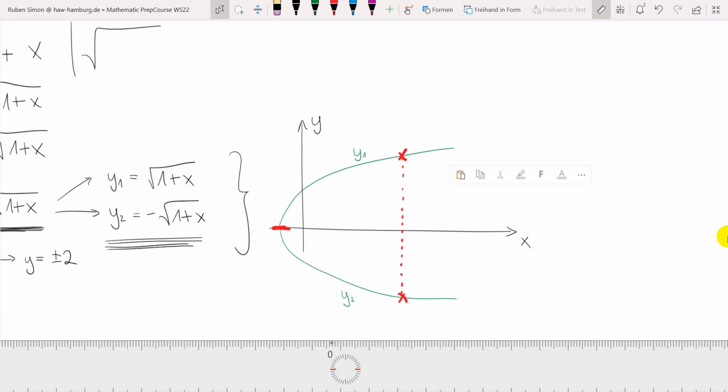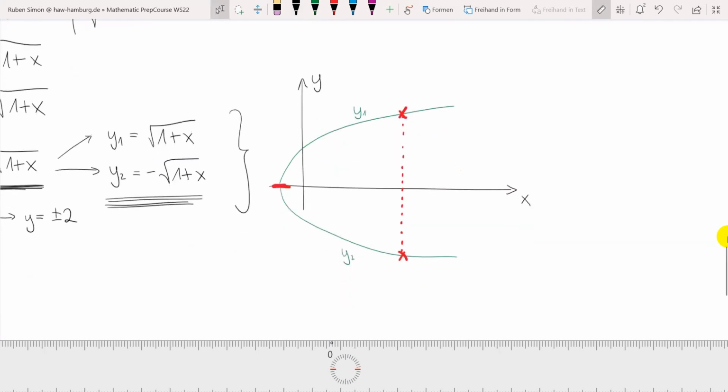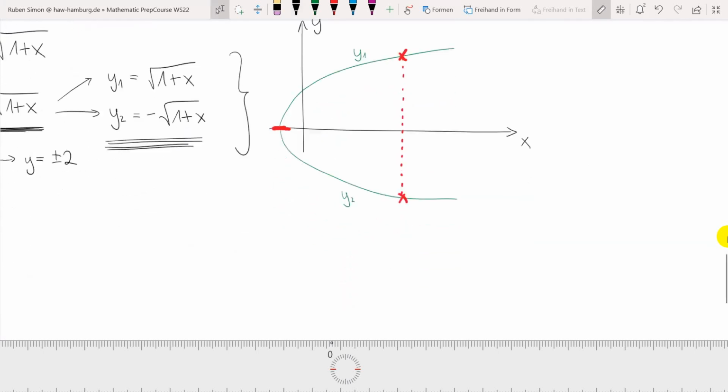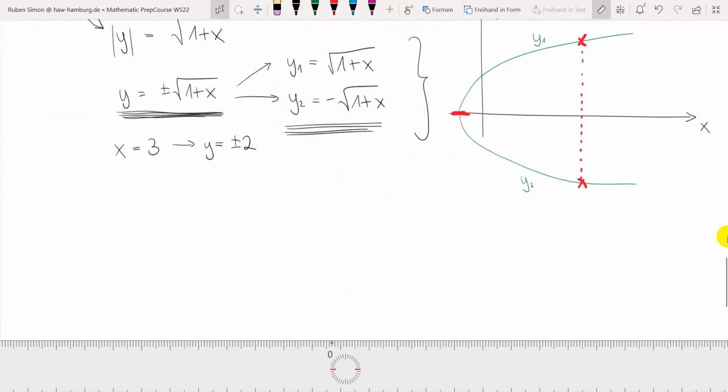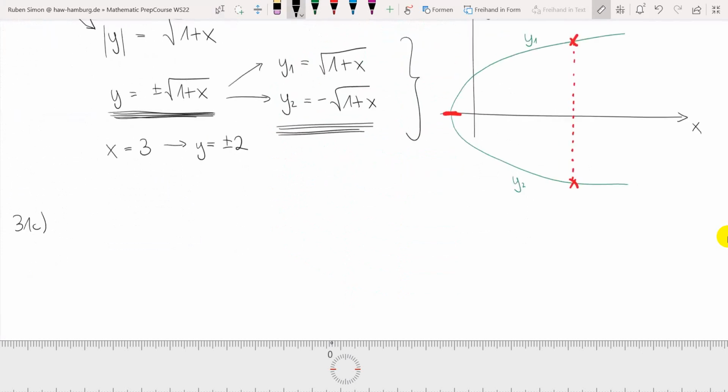No? Great. Should we do 31C as well? Yes, please. Okay, let's do it. 31C: y minus 1 squared equals x squared.